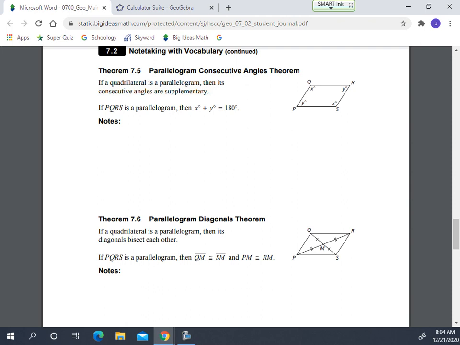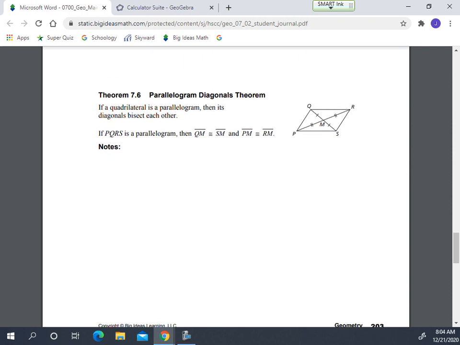That's what I was saying about supplementary. Here, x plus y equals 180. And finally, x plus y is 180, right? So any two consecutive angles add up to 180 degrees in a parallelogram.